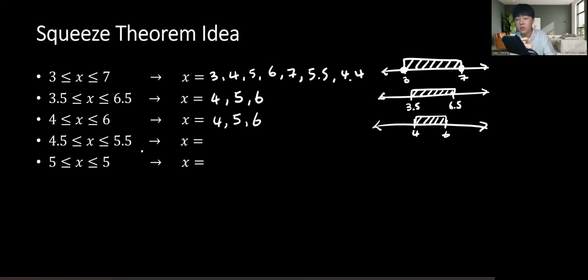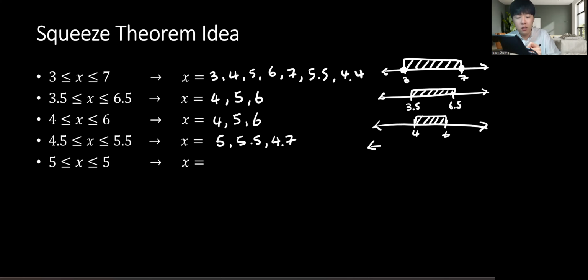So between 4.5 and 5.5, you can put 5 and 5.5, or maybe 4.7 and stuff, right? You can put a lot of numbers between 4.5 and 5.5. But what you know for sure is that your range is getting smaller. Your range is getting shorter every time you're restricting your domain here, right?